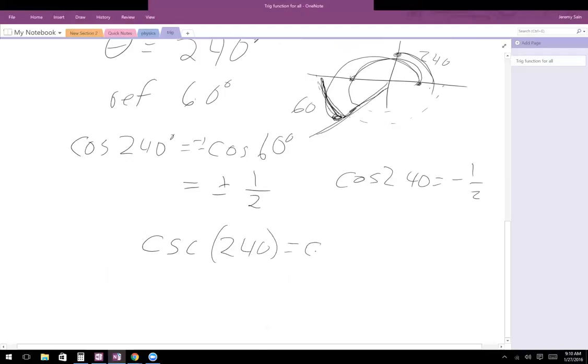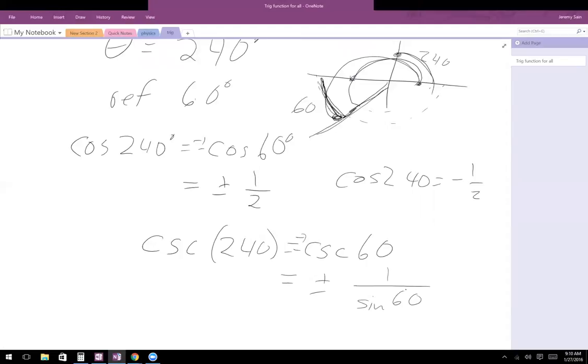Let's say we do cosecant of 240. That should be the same as cosecant of 60, plus or minus. Right? Cosecant is 1 over sine or cosine? Sine. Yeah. It kind of feels backwards that cosecant goes with sine and secant goes with cosine, but you get used to it. So what's sine of 60? Is it still half?